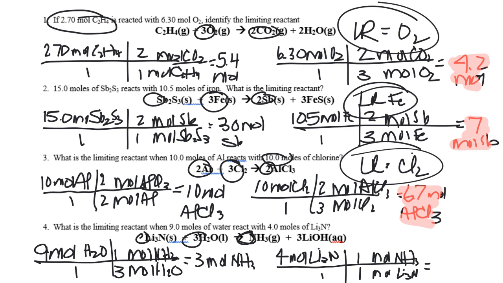Therefore, if all of my Li3N is used up, I have 4 moles of NH3. The smaller number is what's going to tell me what my limiting reactant is. The smaller number is 3 moles now. So therefore, my limiting reactant is H2O.